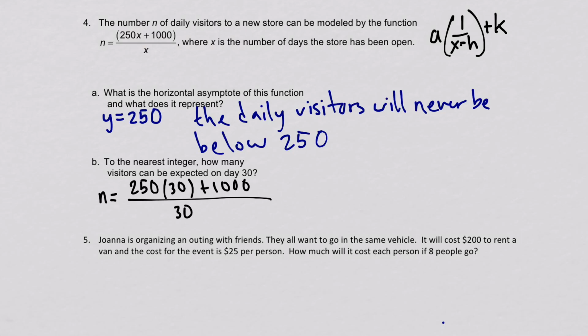Or you could use the other simplified version that we came up with before, right? Either way, just plug in 30. And now just plug that into your calculator. My calculator says 283.3, so we're going to round it to 283. On day 30, you can expect to have 283 visitors.